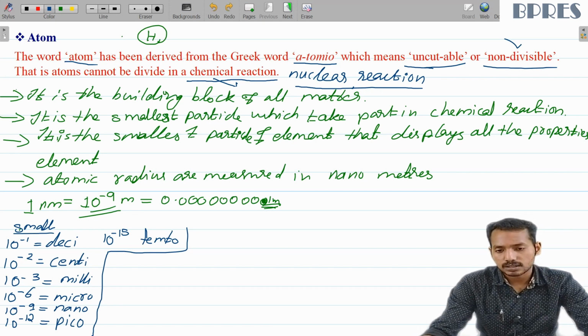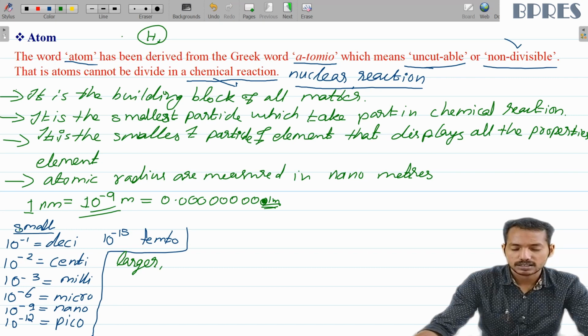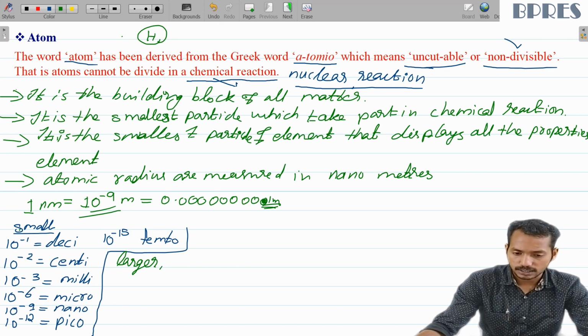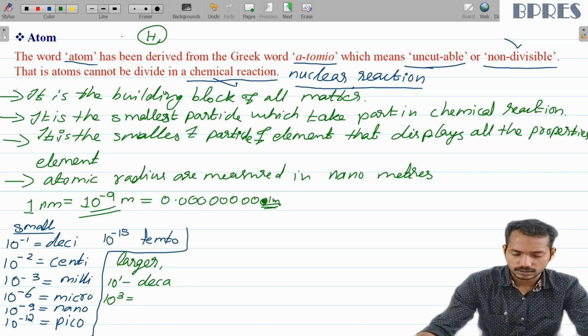In case of larger quantities, we usually write 10 raised to 1 as deca. 10 raised to 3 is actually kilo, that is 1000.